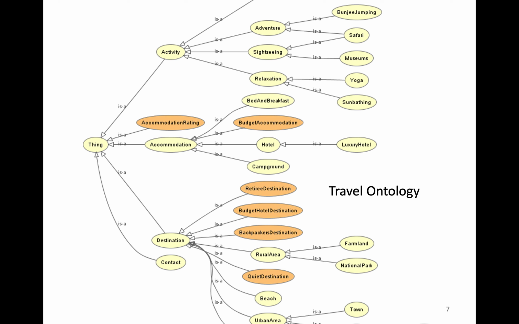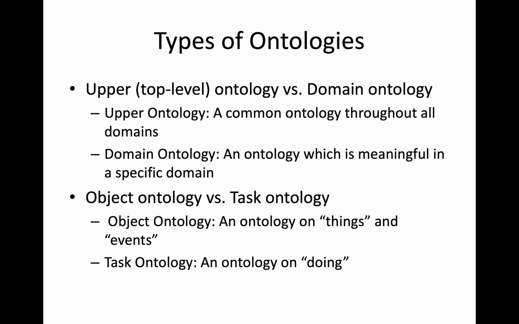A rural area could be a farmland or a national park. Also, we may need contact, which is a kind of thing, right? So these are all the concepts that we need to know when we travel, I guess.